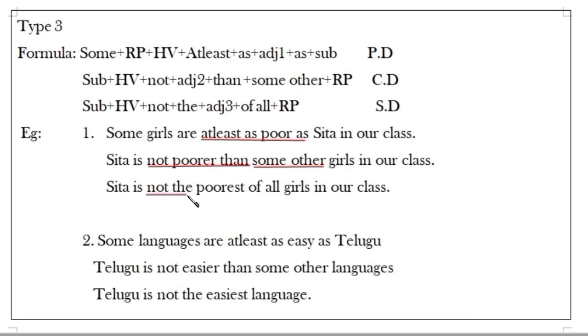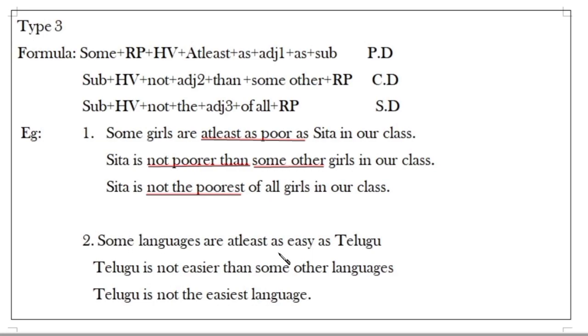So in these 3 sentences, the meaning is the same and the sense does not change, that should be understood. If it is written in negative form also, the sense does not change in type 3.